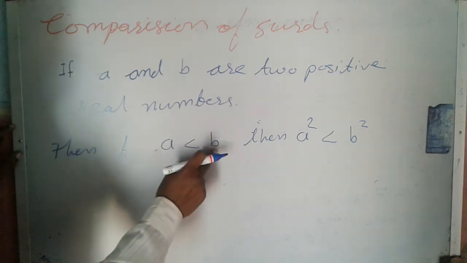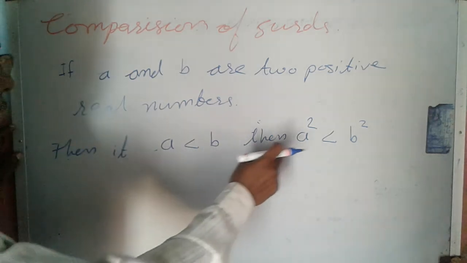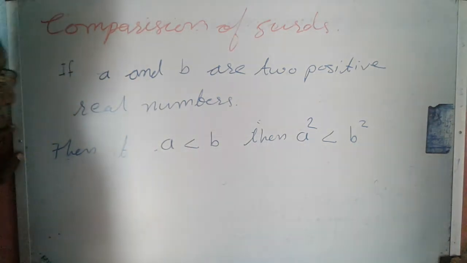That means if A is less than B, then A square is less than B square.